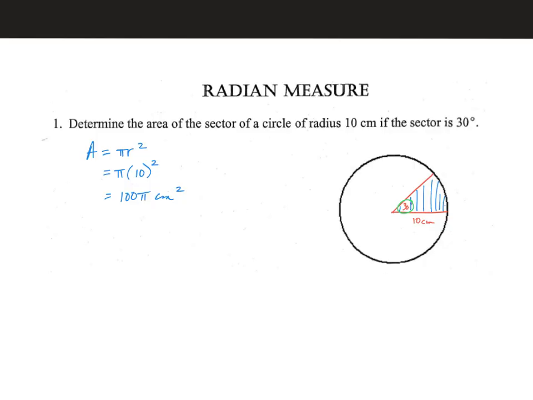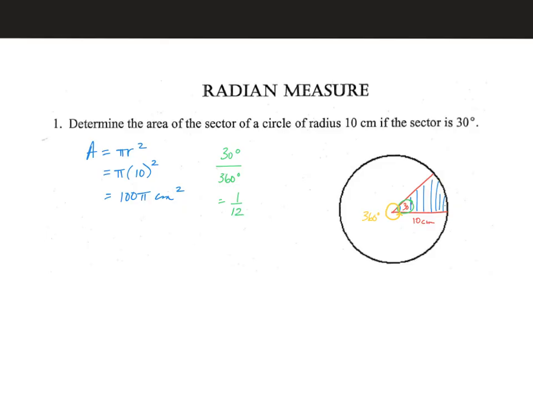And if we had rotated the full circle to shade the whole thing in, then we know that a full rotation is 360 degrees. So really what we're looking at is what proportion is 30 degrees out of a full rotation? If we were to reduce that, we get down to 1/12.